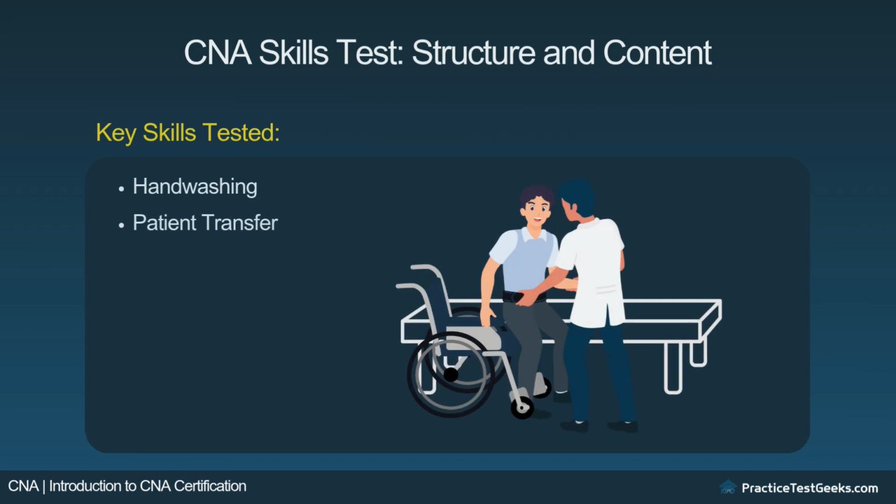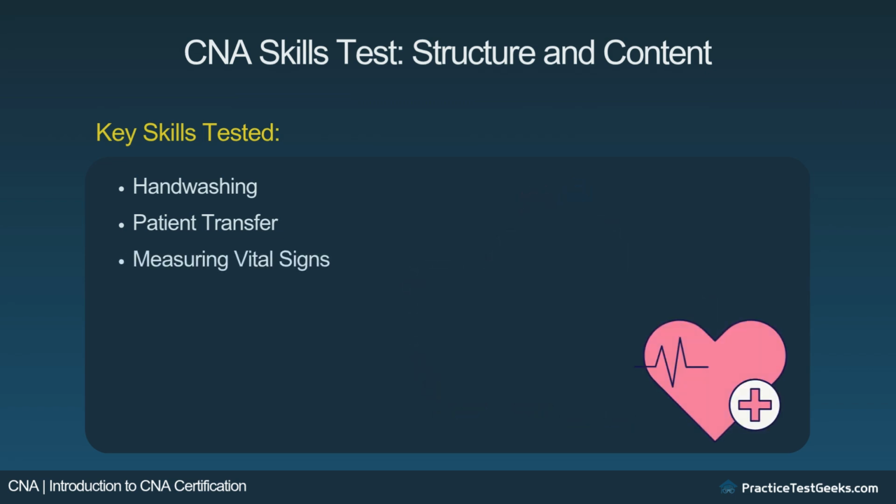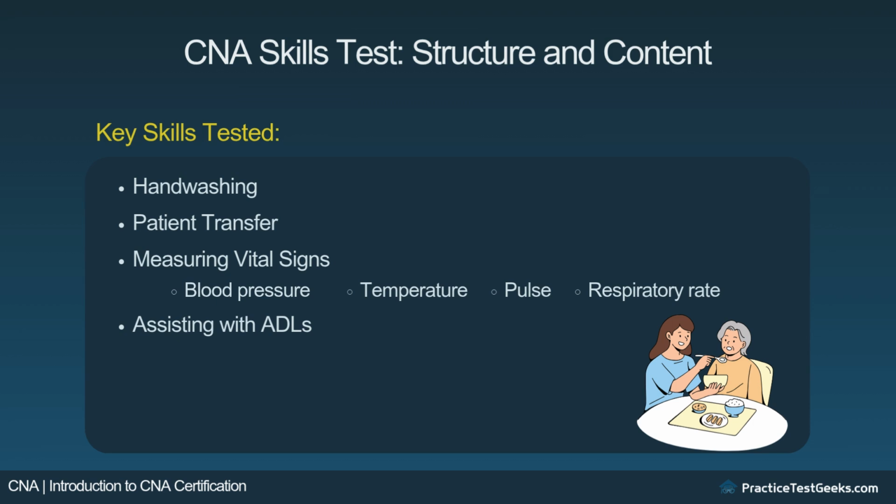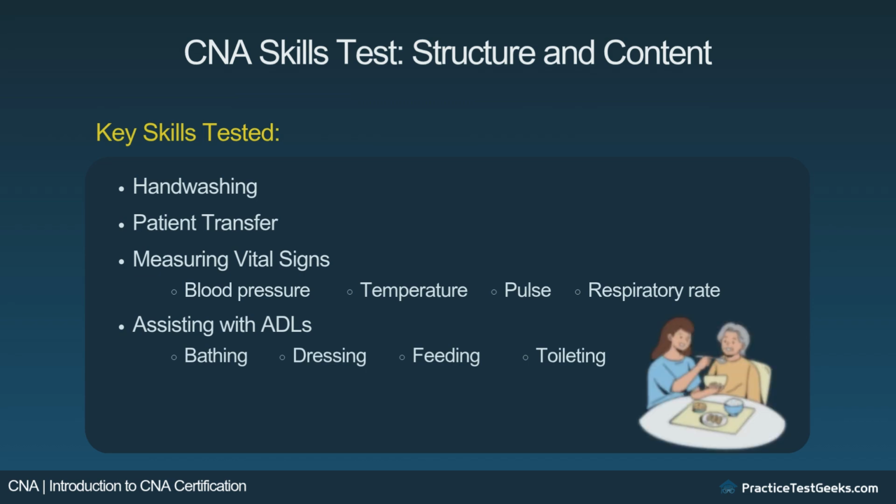Safely transferring a patient from a bed to a wheelchair or from one surface to another using proper body mechanics. 3. Measuring vital signs. Accurately measuring blood pressure, temperature, pulse, and respiratory rate. 4. Assisting with ADLs. Helping patients with basic activities like bathing, dressing, feeding, and toileting.